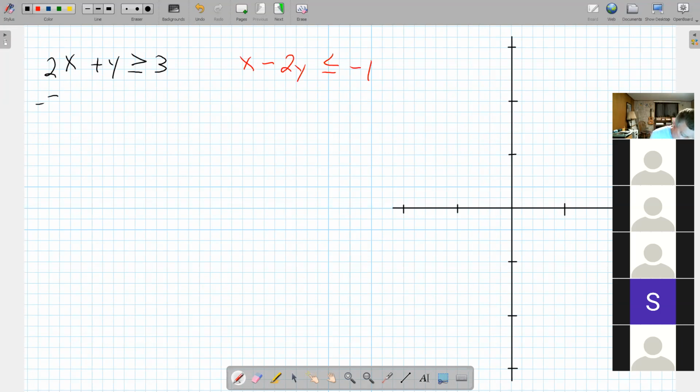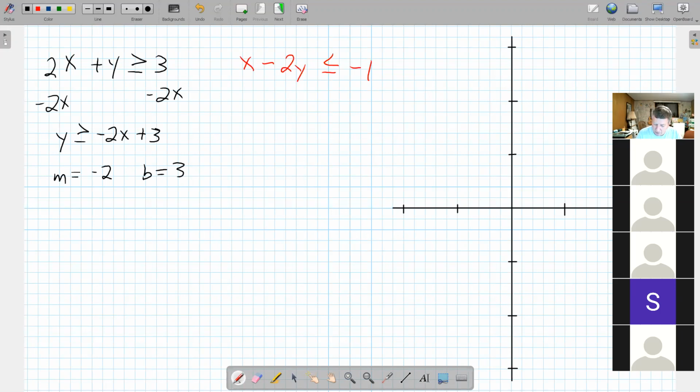I'm going to subtract 2x from both sides of the inequality. So that gives me y greater than or equal to -2x plus 3. Now this is in slope-intercept form. My slope is -2 and my y-intercept is 3.